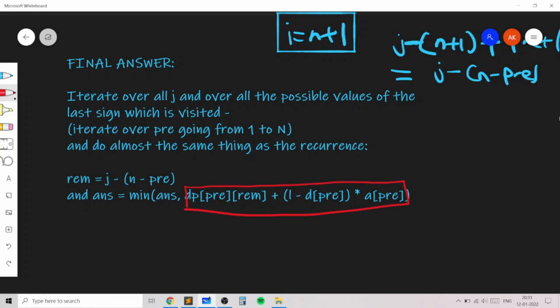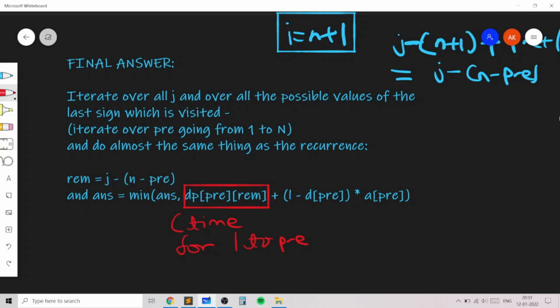So let's try to understand this quantity. I've taken it exactly from the recurrence, but there are a few changes. The first thing is that dp[pre][rem] remains the same. This is the time taken to go from the start to pre, and then we add the time taken to go from the current value pre to the final destination L. Over here the final destination is given by L, not by A[i], because i is essentially the L index, the last value.